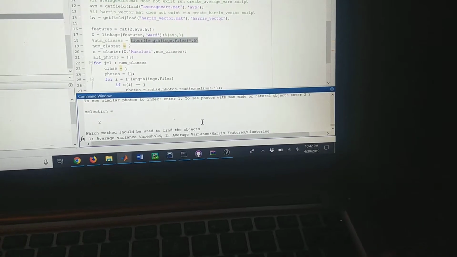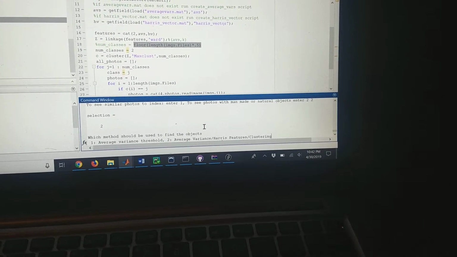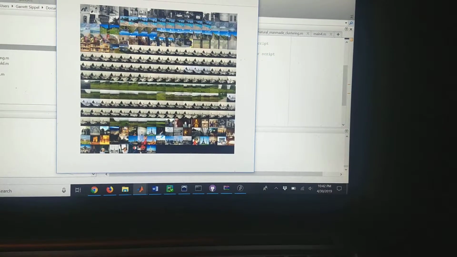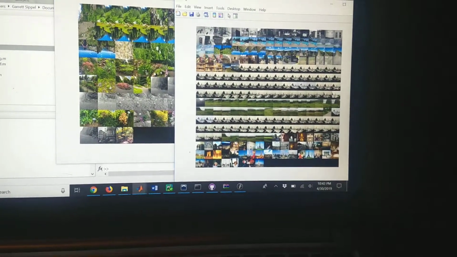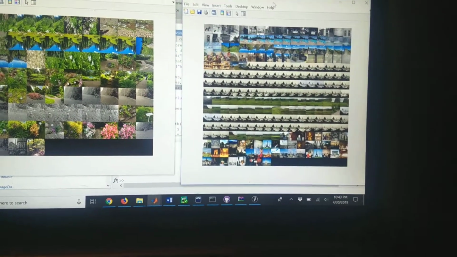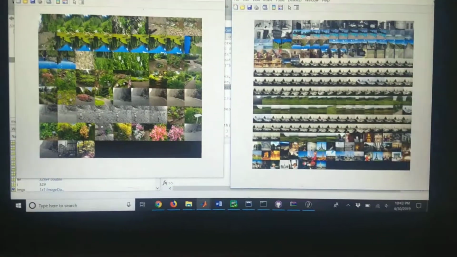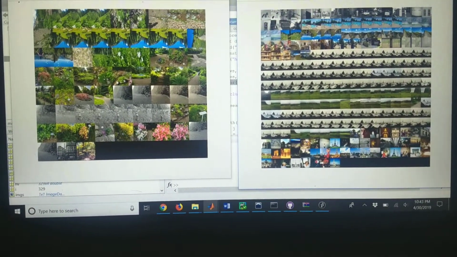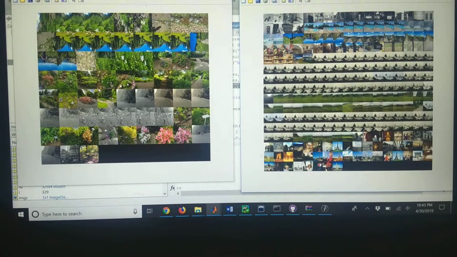So I think that's pretty much everything. The last thing I didn't cover was, oh right, this is basically the same concept for trying to find indoor and outdoor images, but I used my clustering method instead of just the variance. I only allowed 2 classes, hoping that maybe it would group them into some kind of interesting class.